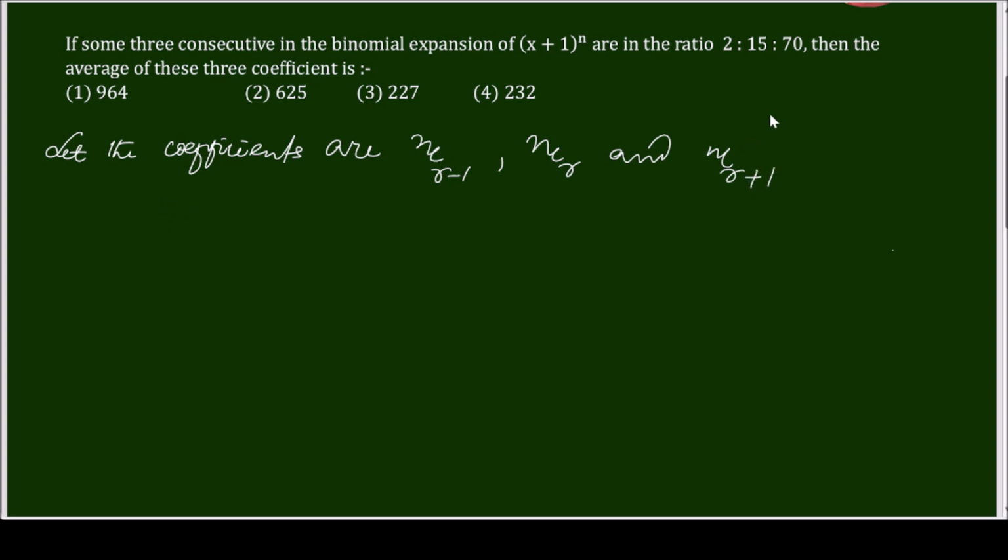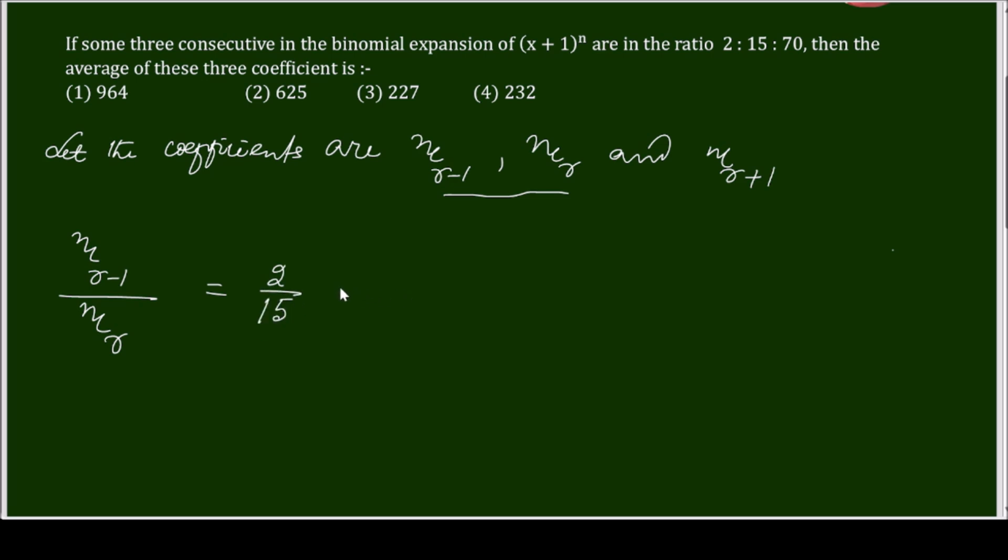So this ratio is 2 : 15 : 70. So we'll take two together. I'm taking the first ratio, first and second: nC(r-1) over nCr equals 2 to 15.